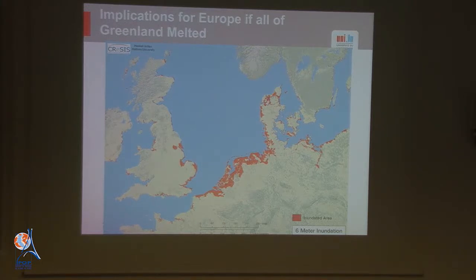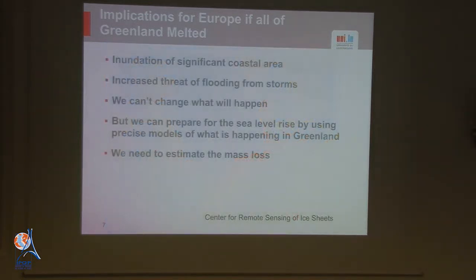And the problem isn't so much that all of Greenland has to melt, but this sea level rise is accompanied by an increased threat of flooding because the surface of the ocean becomes warmer, and because we have more threat of storms, more threats from hurricanes, which are a problem as you get closer to the equator.